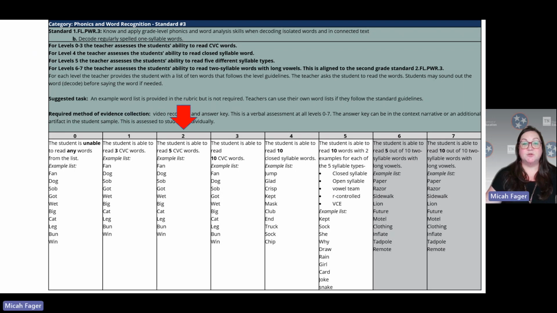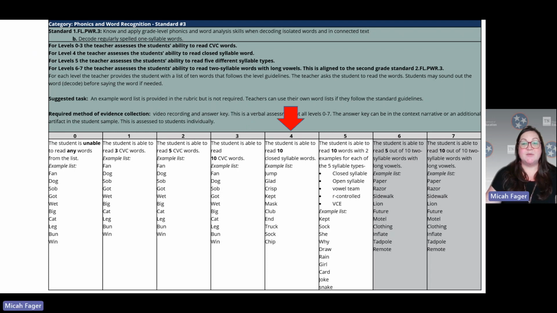If the student is able to read 5 CVC words, then the student work sample receives a level 2. And if the student is able to read all 10 CVC words, then the student work sample receives a level 3. Again, the teacher may use their own word list as long as it is 10 CVC words.